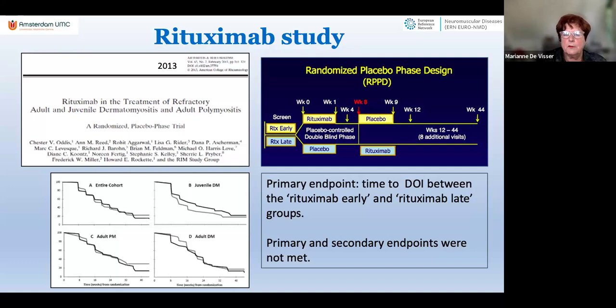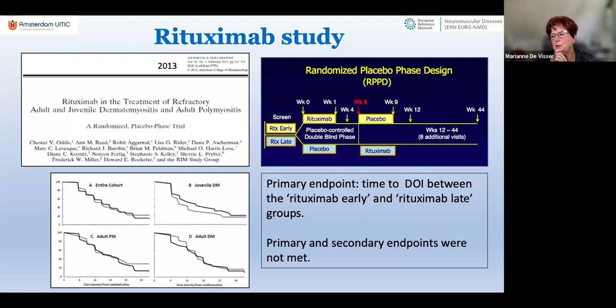I already told you that there is an issue with that diagnosis. It was a randomized placebo-phase trial in which they had an early arm and a late arm, and in the late arm, the patients started with rituximab 8 weeks after the early rituximab arm.